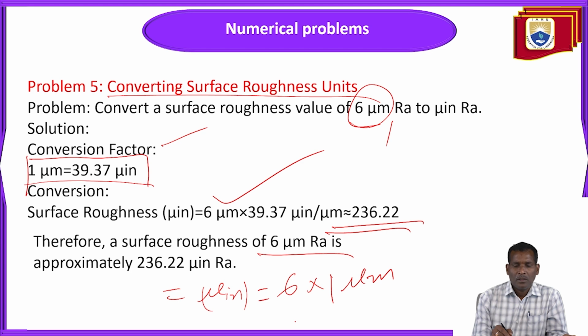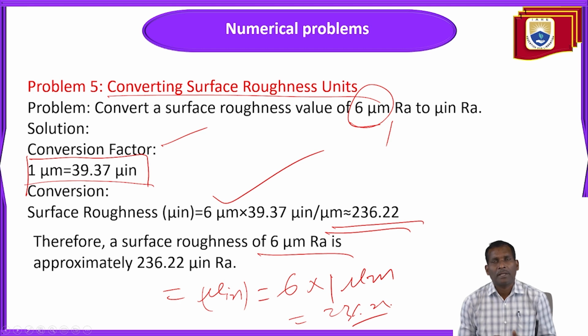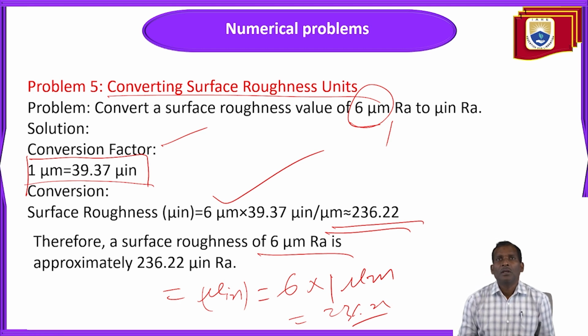Clear? You will get 236.22. So this is the surface roughness value. Like this, you need to convert the surface roughness units into micro inch.